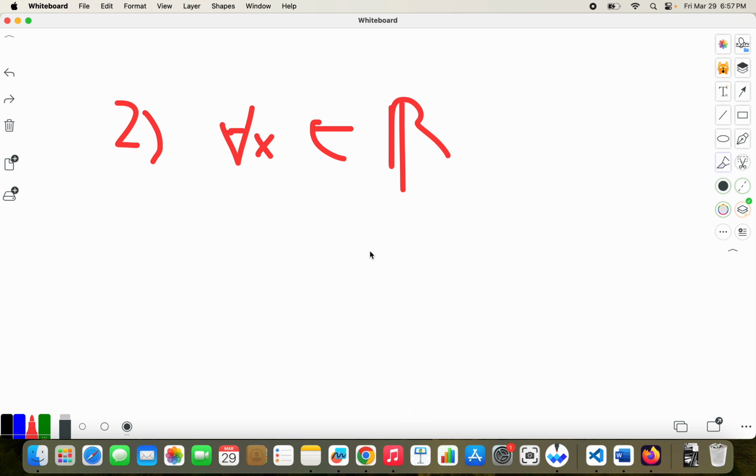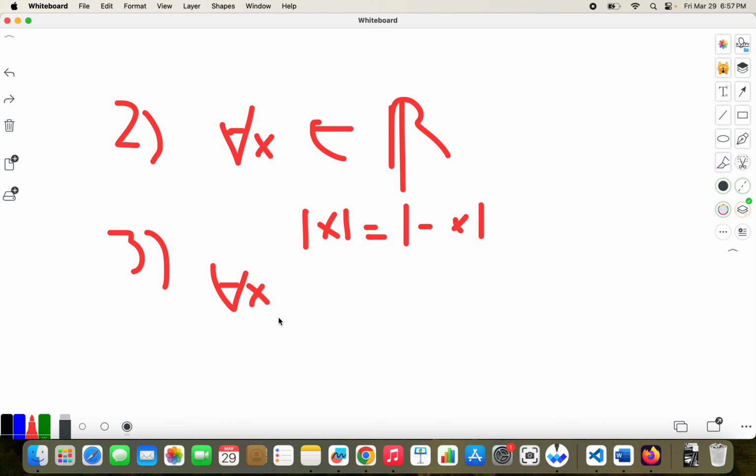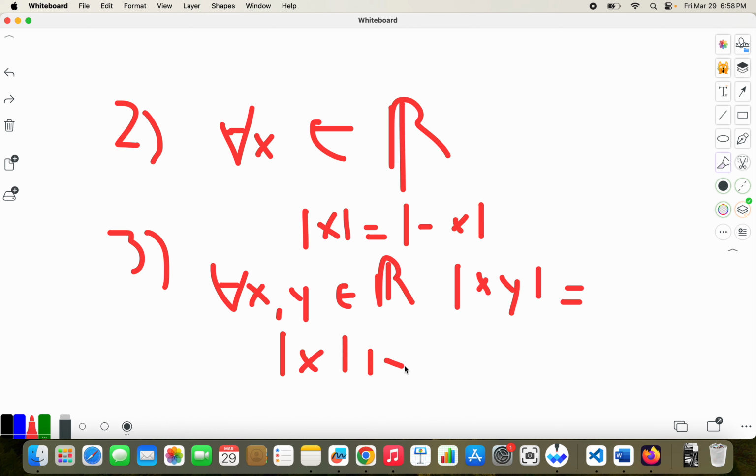But for all x in R, the absolute value of x equals the absolute value of negative x. Three: for all x, y in R, the absolute value of x times y equals the absolute value of x times the absolute value of y.